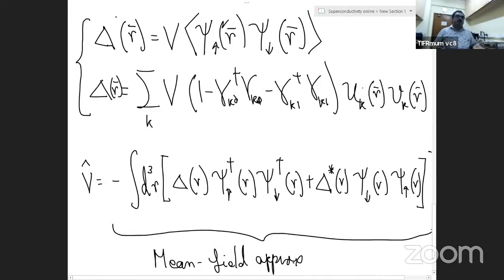This is the mean field approximation that we always have to do to get rid of four operator terms.